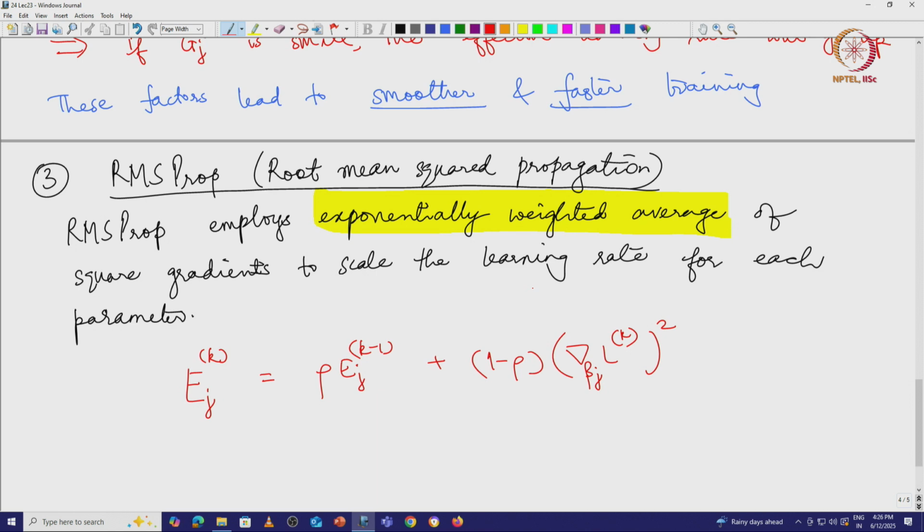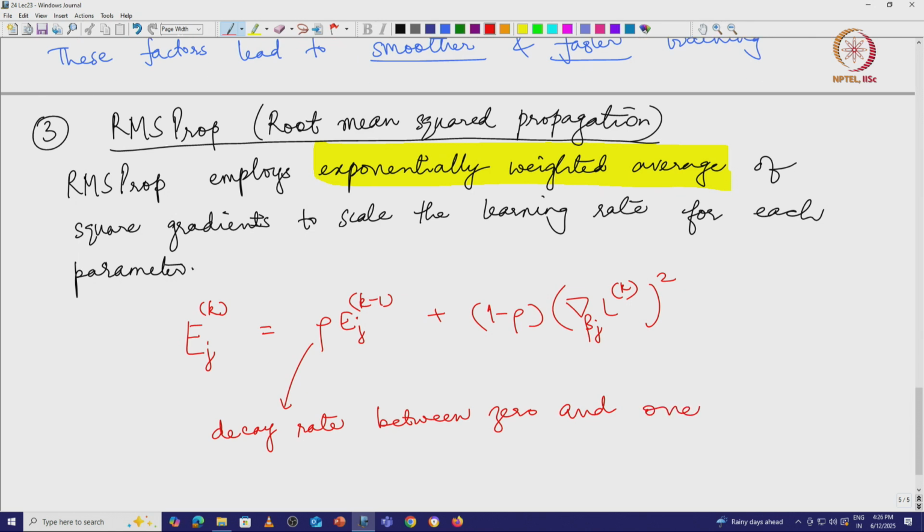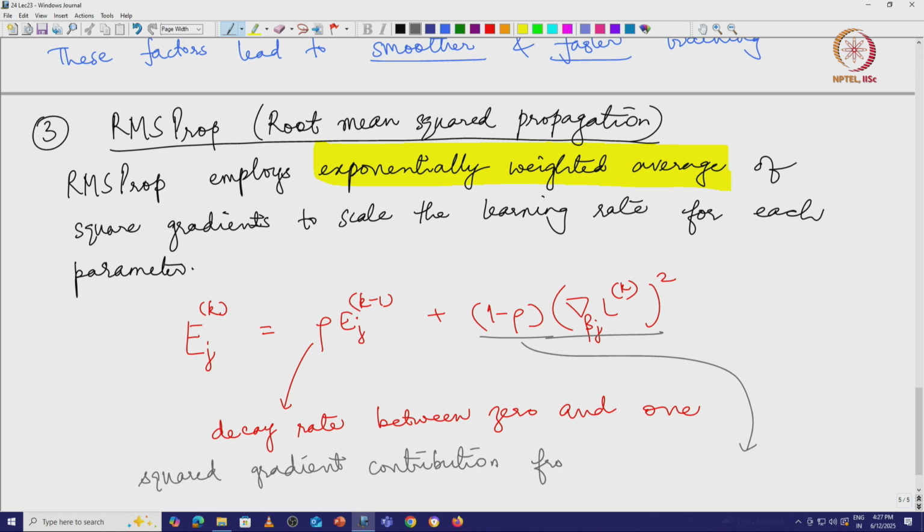There is a decay rate, again between 0 and 1, and this decides how much of the previous squared gradients you are going to take and what the current contribution is going to be. The second term is the squared gradient contribution from the current iteration.